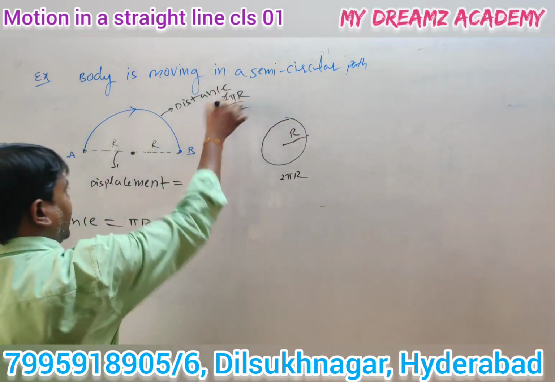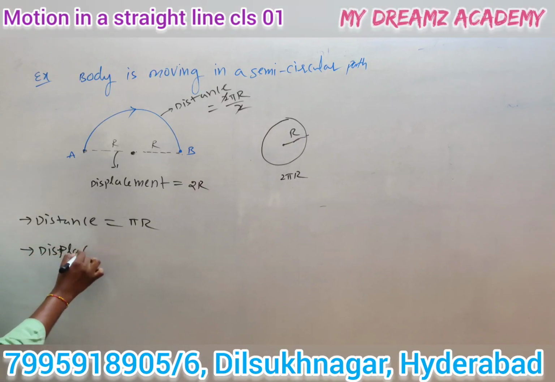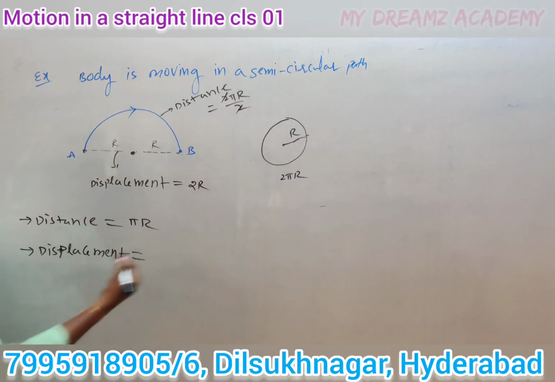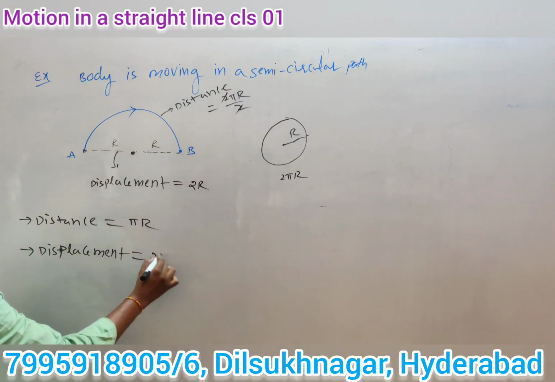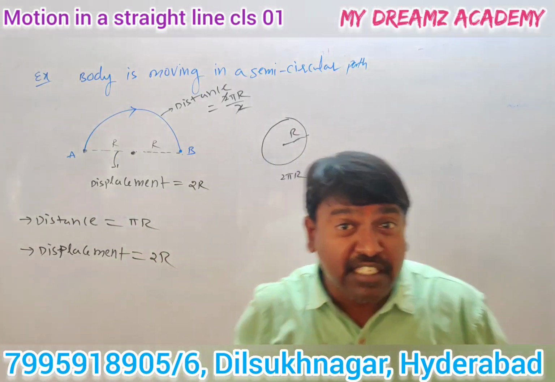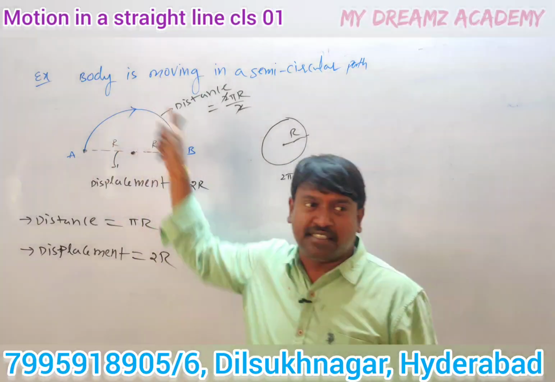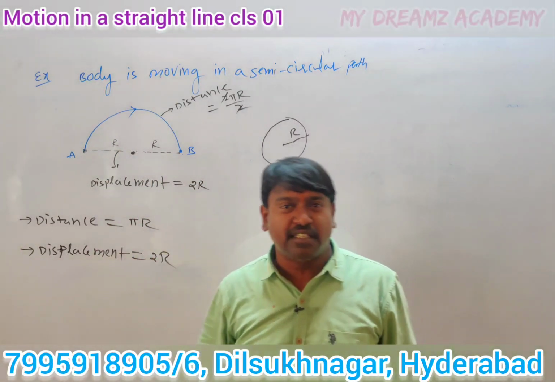This is the distance. What is the displacement covered by the body? Displacement equals the shortest distance between initial and final positions, that is r plus r, 2r. So when the body moves in a semicircular path of radius r, the distance is pi r and the displacement is 2r.